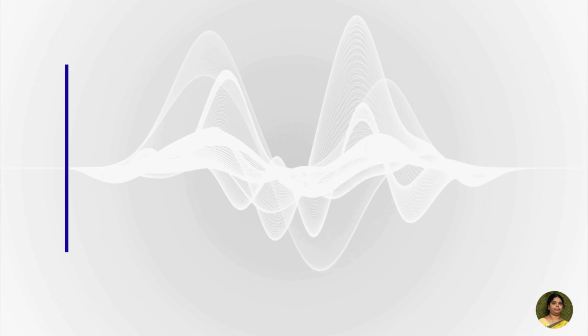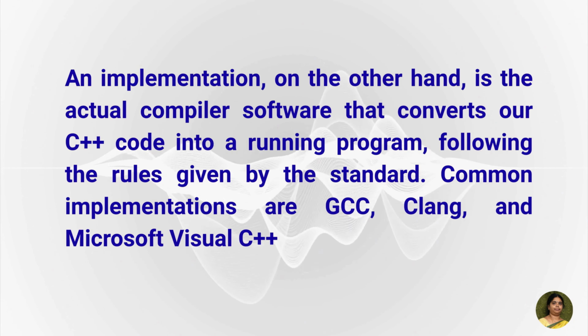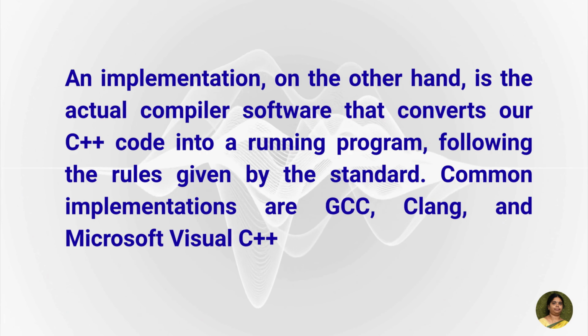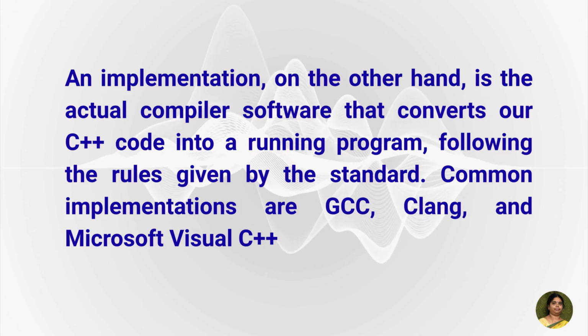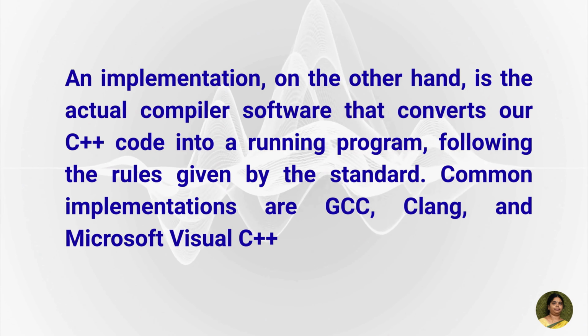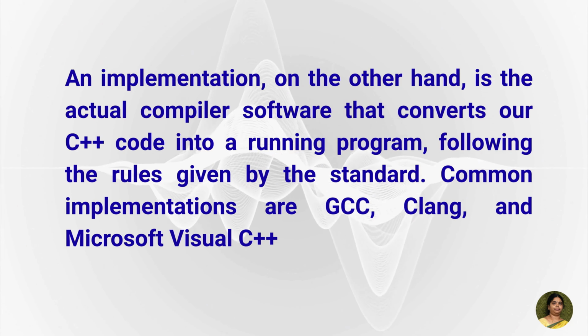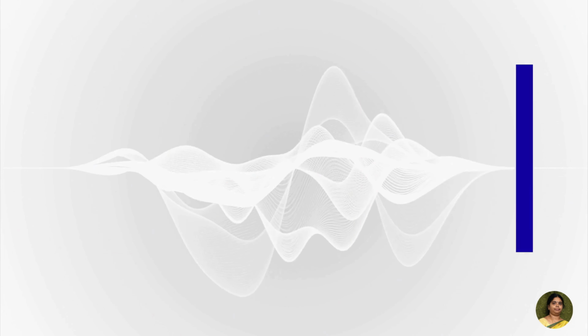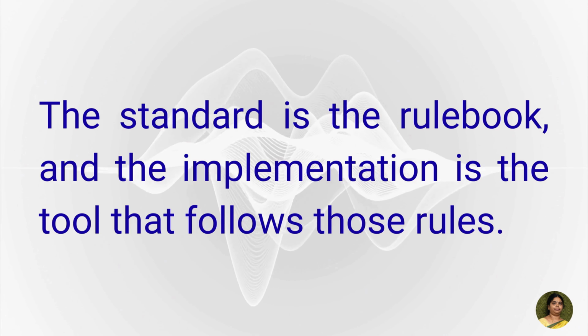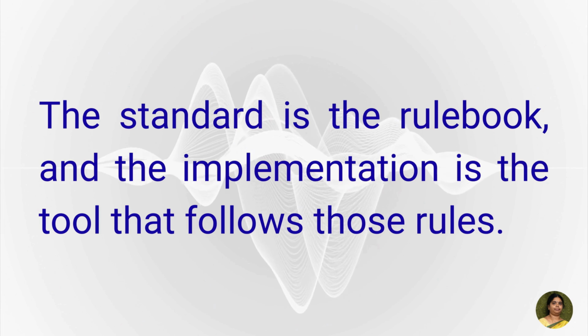An implementation, on the other hand, is the actual compiler software that converts our C++ code into a running program, following the rules given by the standard. Common implementations are GCC, Clang, and Microsoft Visual C++. Remember, the standard is the rule book and the implementation is the tool that follows those rules.